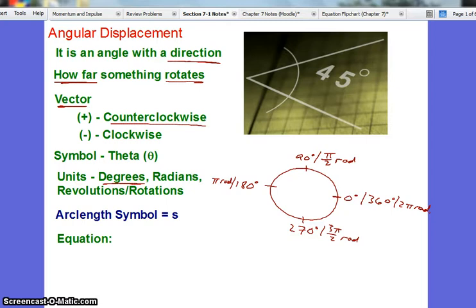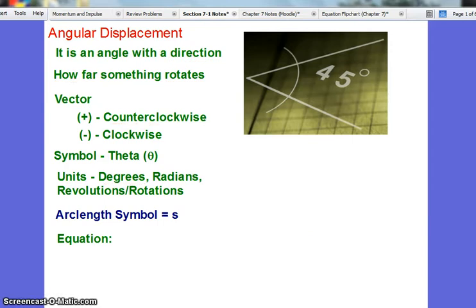Well, where does that idea of this pi and the radians come from? It's not just an arbitrary value that was made up. It was actually something based on the measurements of the circle itself. And to understand that, we need to understand what the arc length is, which we abbreviate with the letter S. So arc length is compared to the radius. The radius is the distance from the center to the outside of the circle.